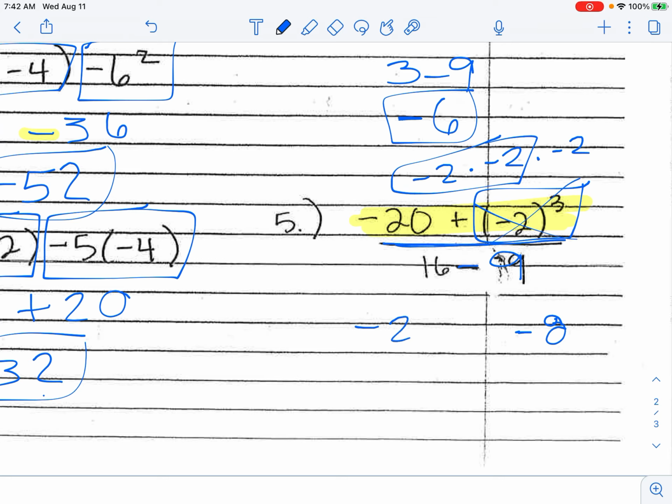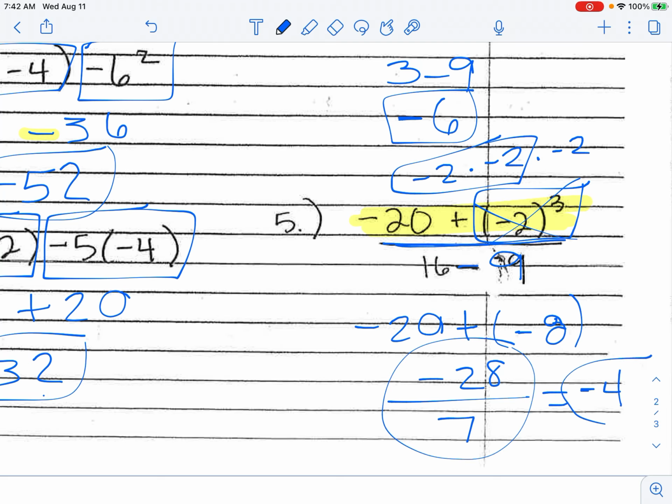In front of that, I have negative 20 plus negative 8. Same sign, find the sum. I've got a negative 20 and a negative 8. That's negative 28. Divided by, remember fraction bar always means divided by. So 16 minus 9 is 7. So this is what I have to solve. Negative 28 divided by 7 equals negative 4.